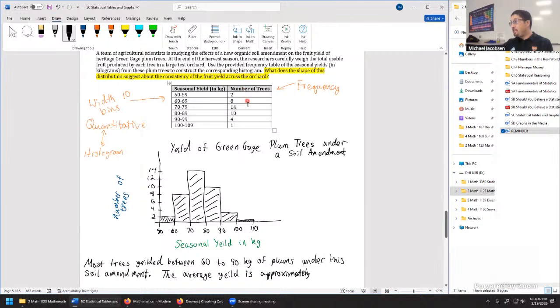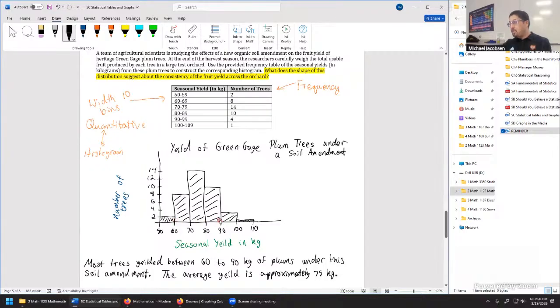And also, we can't calculate the average directly because we don't even have the raw data. But this histogram tells us about where it is, the central value, where all the data seems to be accumulating around the most. Either you could call it the average or the median. We'll say the average is approximately, let's just call it 75 kilograms. So that'd be another thing that you could mention that's worthwhile.